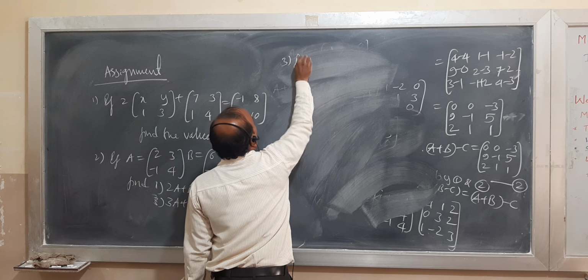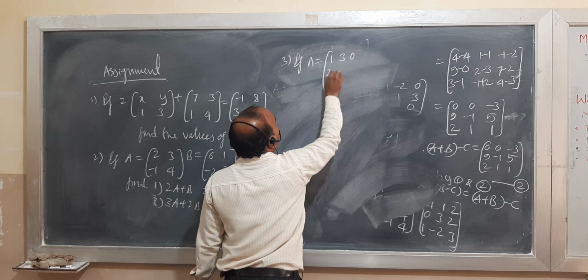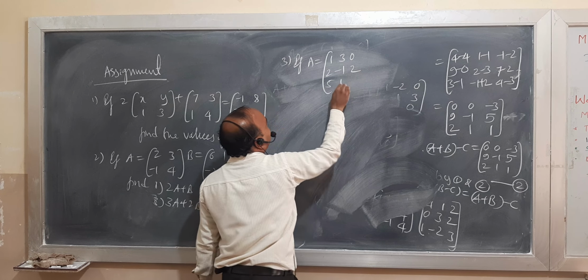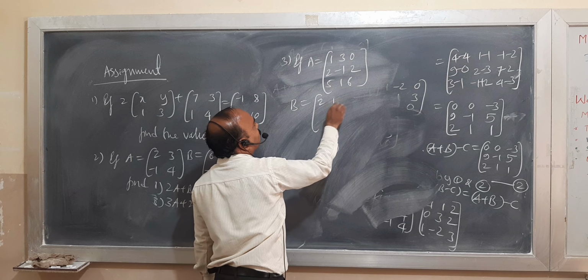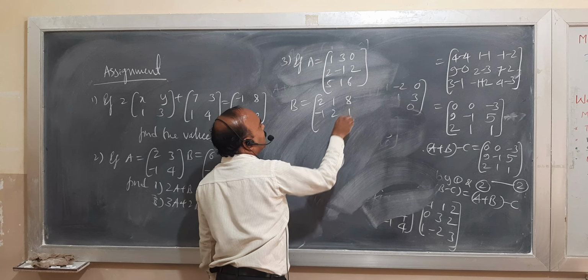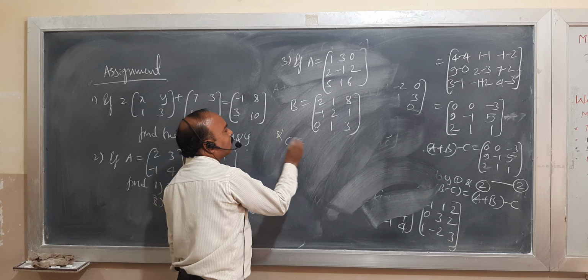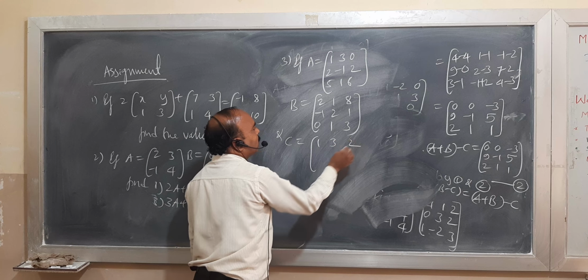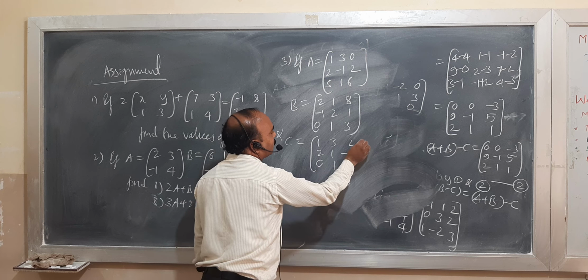Third, if A equal to 1, 3, 0, 2, minus 1, 2, 5, 1, 6, B equal to 2, 1, 8, minus 1, 2, 1, 0, 1, 3, C equal to 1, 3, 2, 2, 1, minus 1, 0, 1, 1.